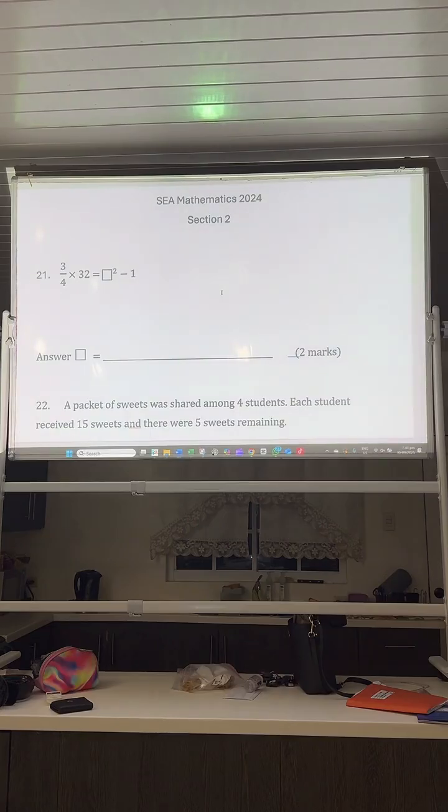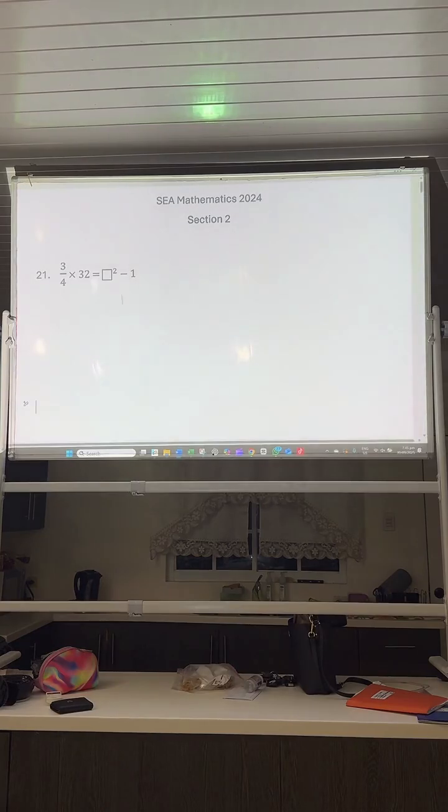Right, so let's begin. Okay, guys? The first thing we're going to do here is multiply 3 over 4 by 32. We can do that separately, right? So let's make some space here.